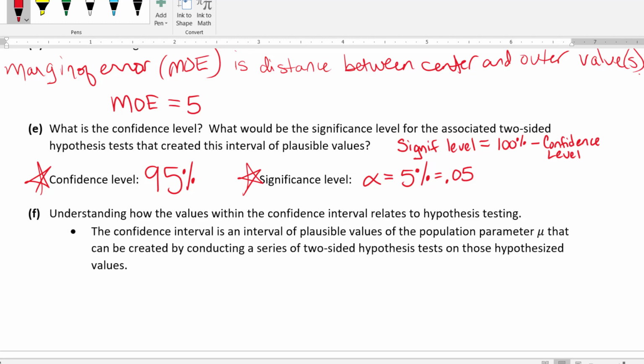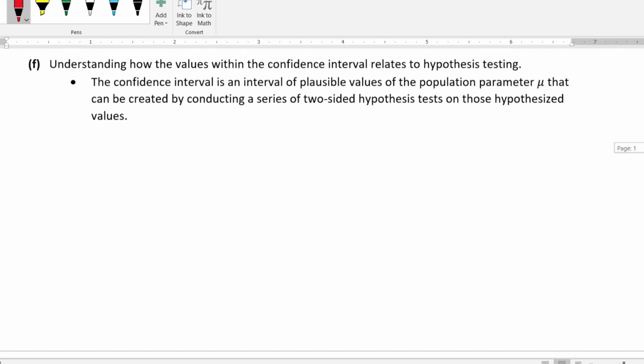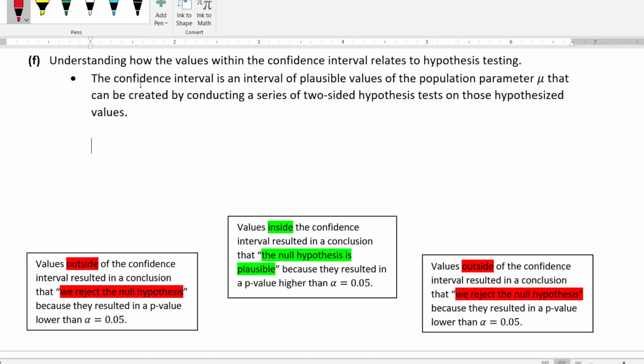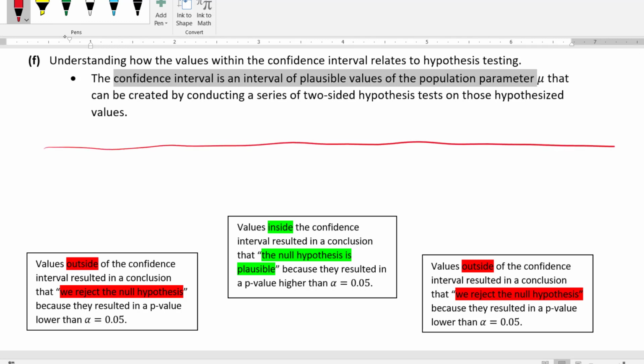All right, and lastly, it asks us to think about the relationship between a confidence interval and the hypothesis testing process. So the confidence interval is an interval of plausible values of the population parameter. It can be created by conducting a series of two-sided hypothesis tests on hypothesized values. So again, let me redraw that confidence interval.